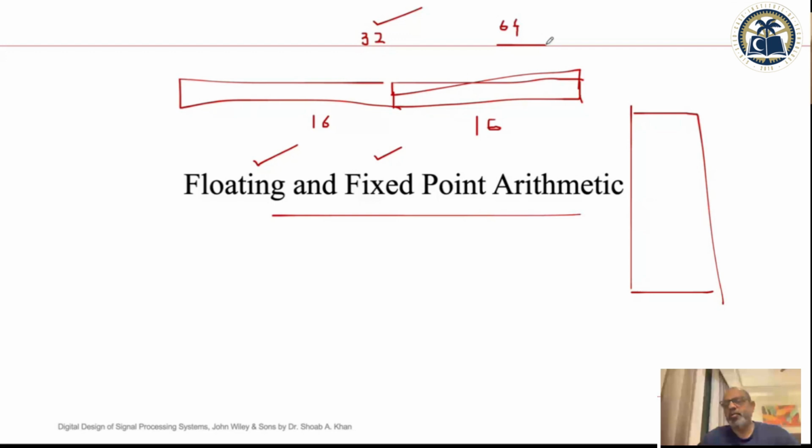Most of the simulations that you are running are on 64-bit numbers. In hardware, especially once you are mapping them into silicon, 64-bit is usually not even an option. You even try not to use 32-bit, and try to get to 16 bits, because you're doing a lot of things in parallel, a lot of multipliers, a lot of adders, hundreds and thousands of them. A 64-bit multiplier would eat up a lot of area.